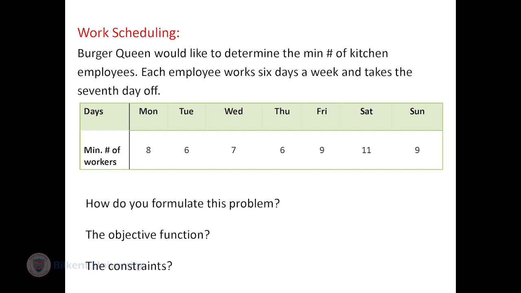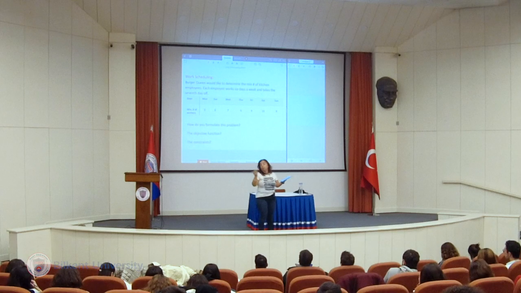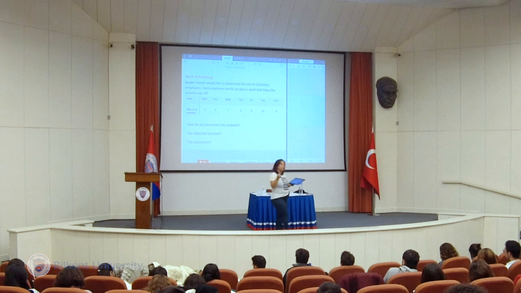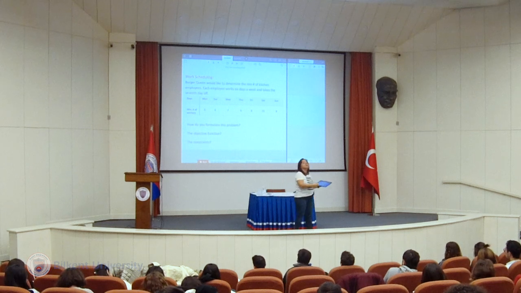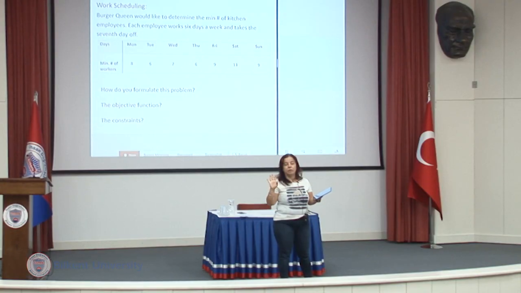Another example. Burger King. Number of kitchen employees this time. According to rules and whatever, the workers work for 6 days and take the 7th day off. All right?